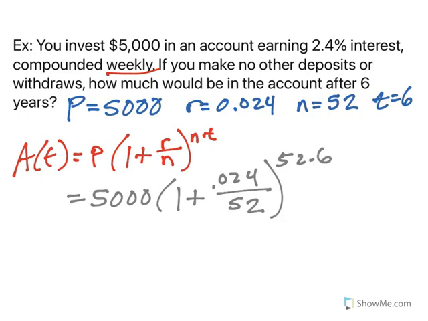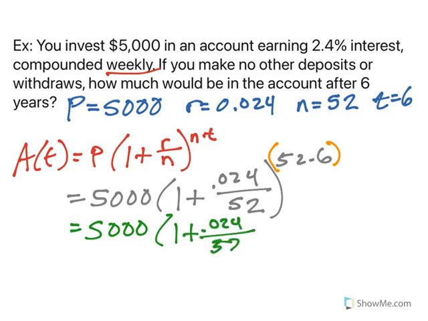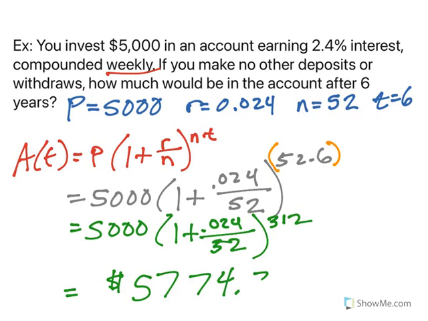Now again, if you do it all at one time, just make sure to put your exponents in parentheses. Otherwise, sometimes I do like to do my exponents by themselves. So 52 times 6 is 312. And then I type them in. So here we get the answer of $5,774.23.